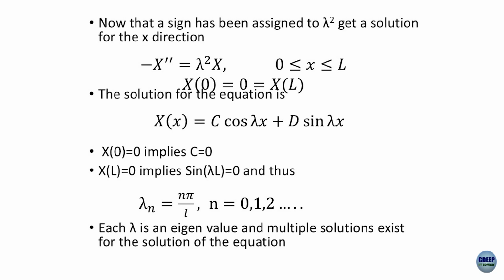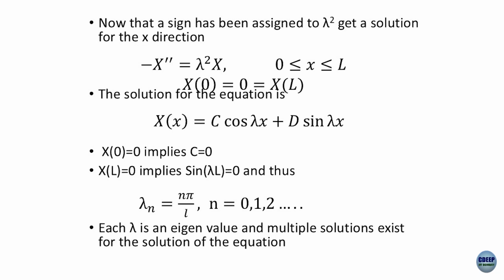This is something that we have seen when we were talking about the ordinary differential equations, and you know that the solution is going to be some kind of a constant times cos lambda x plus another constant times sine lambda x.